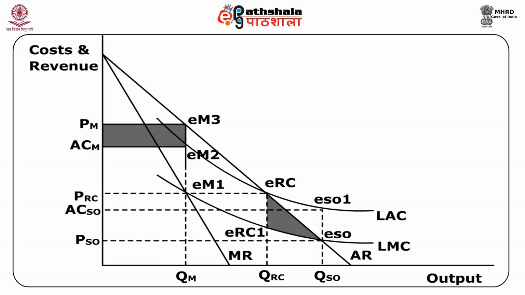However, the price PRC is still greater than the marginal cost of producing this level of output. Hence, even this level of output leads to a welfare loss to society equal to the triangular region ERC, ERC1, ESO.